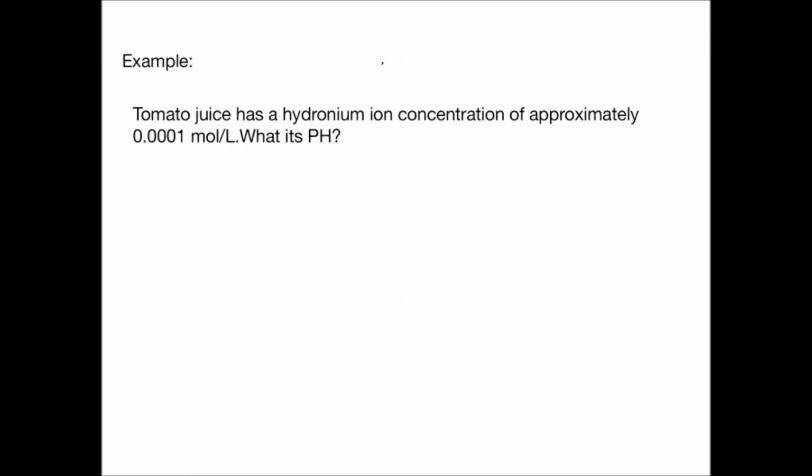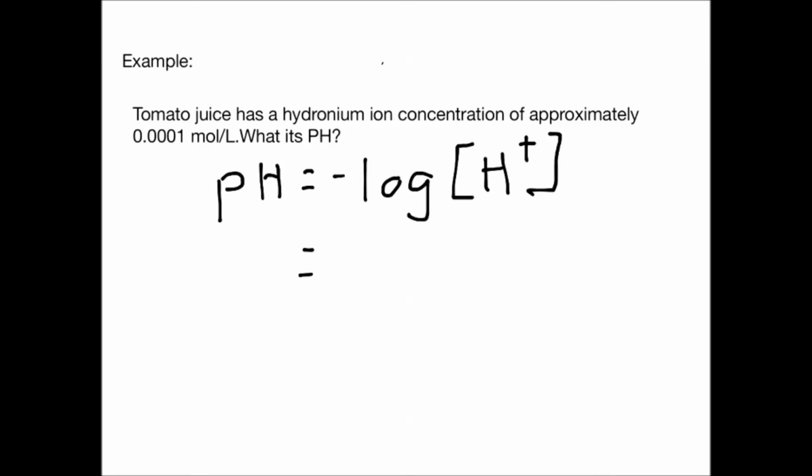Now, example 1: tomato juice has a hydronium ion concentration of approximately 0.0001 mole. What is its pH? First of all, we copy down the equation to solve this problem. And then we substitute 0.0001 inside the H+.